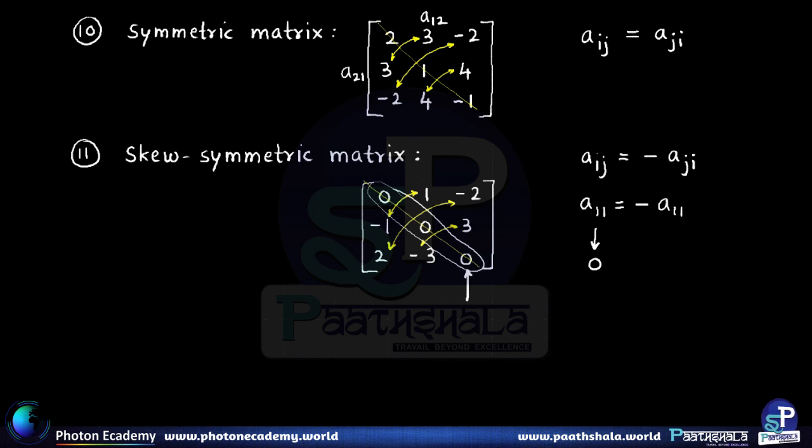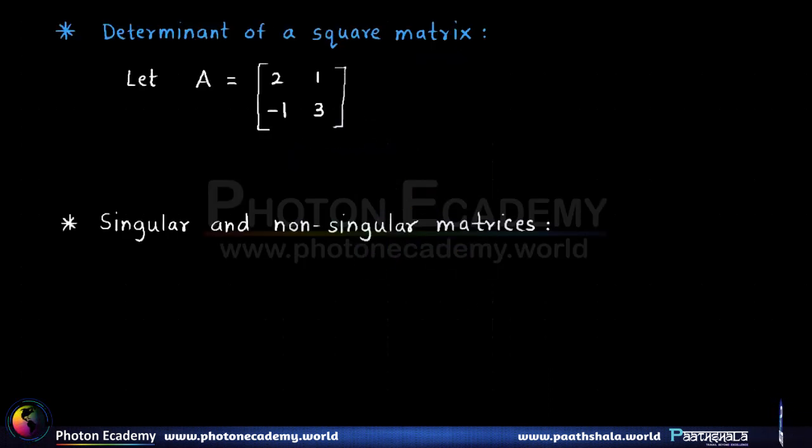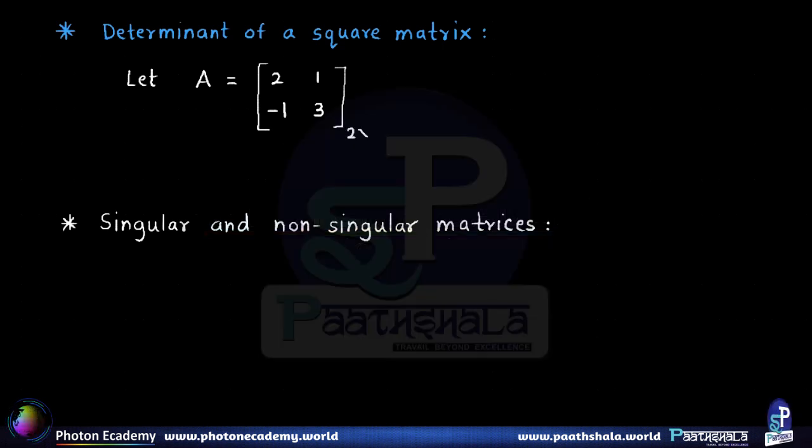Now let's go ahead and see one more very important terminology related to a matrix, that is called the determinant of a matrix, and especially we must have a square matrix to have a determinant. Now let's consider some square matrix. Here we have an example of a 2 by 2 matrix with some numbers given here.